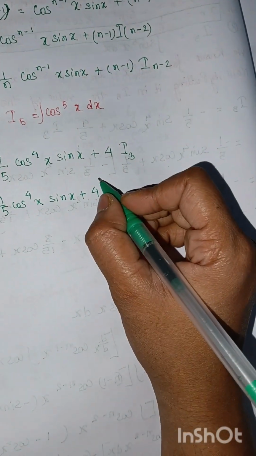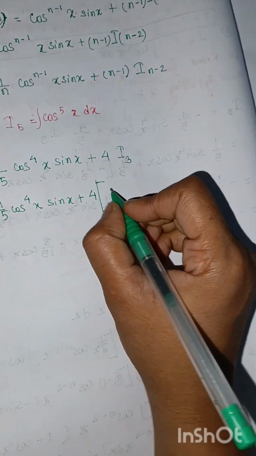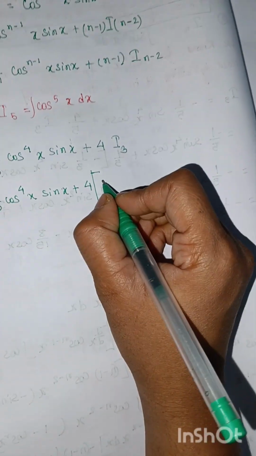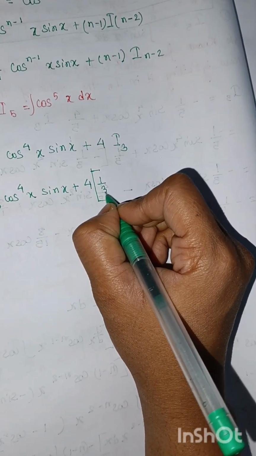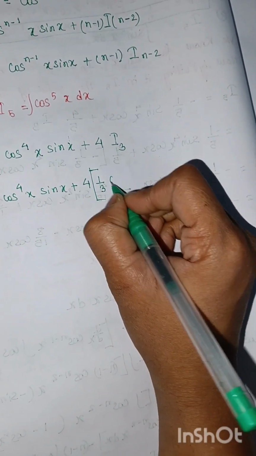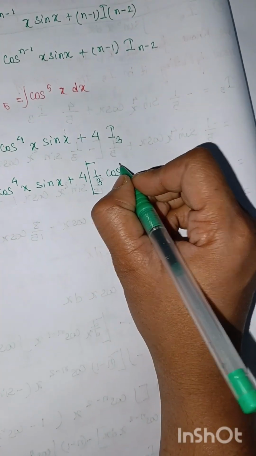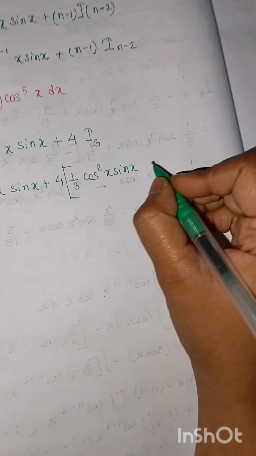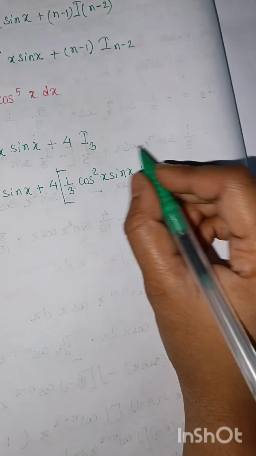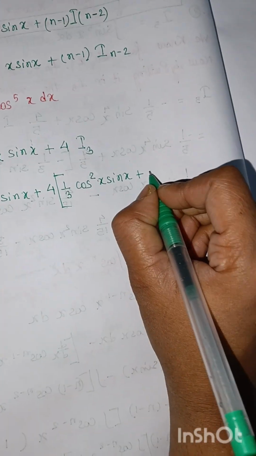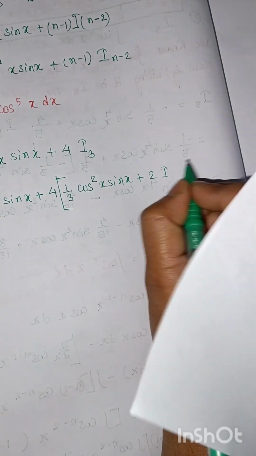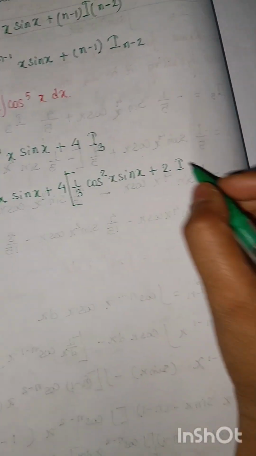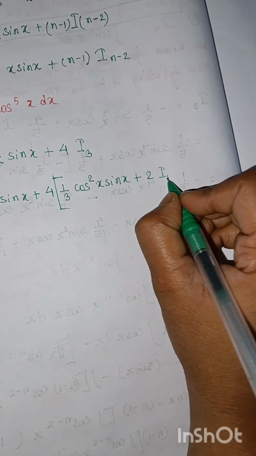I3 is equal to, you all know, 1 by n, then cos to the power n minus 1, that is 2, x sin x plus n minus 1, that is 2, I n minus 2, that is 3 minus 2, that is 1.